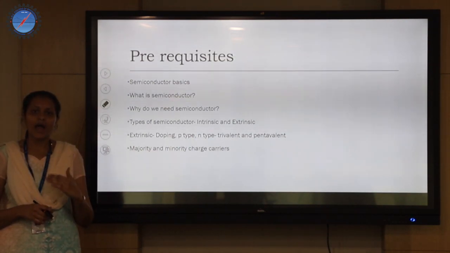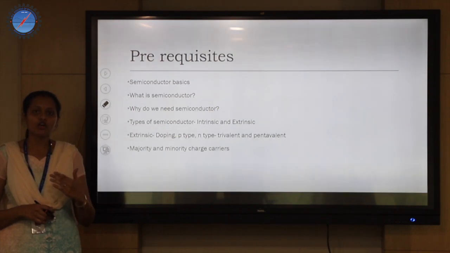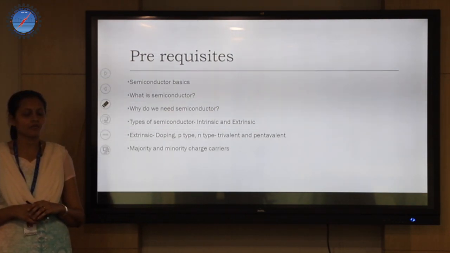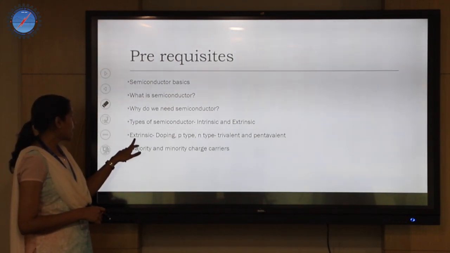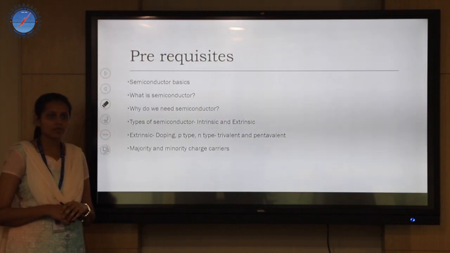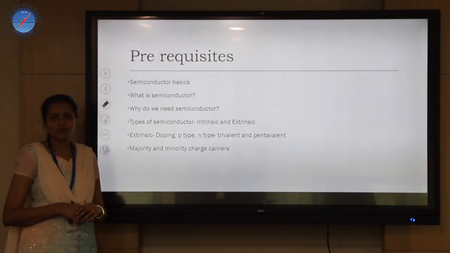The process of adding impurities is called doping. We add impurities in order to enhance the conductivity of the material. The extrinsic semiconductor is again divided into 2 types: p-type material and n-type material.